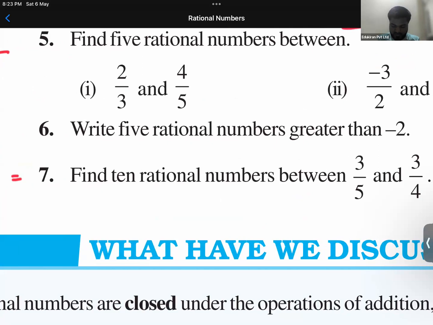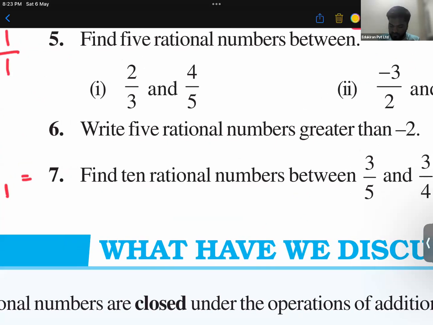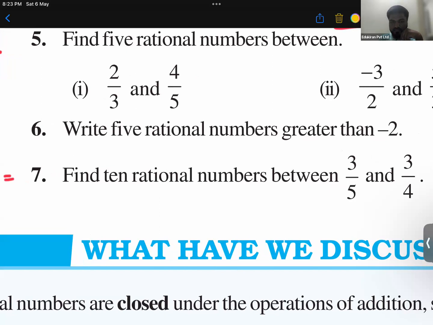See question number 6. Write 5 rational numbers greater than -2.